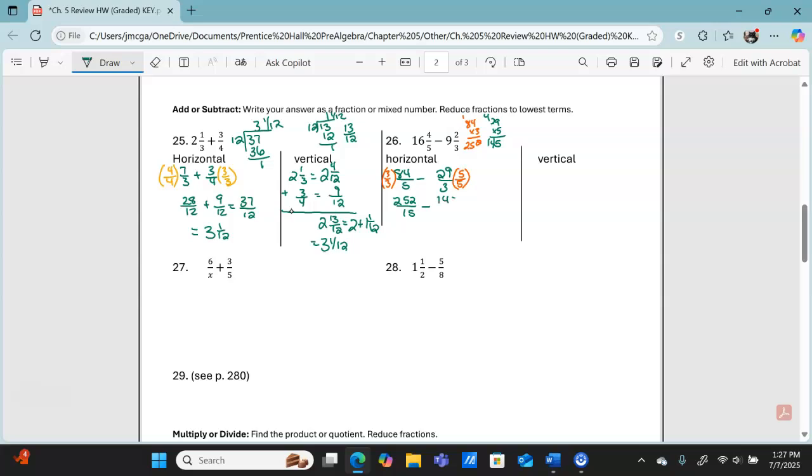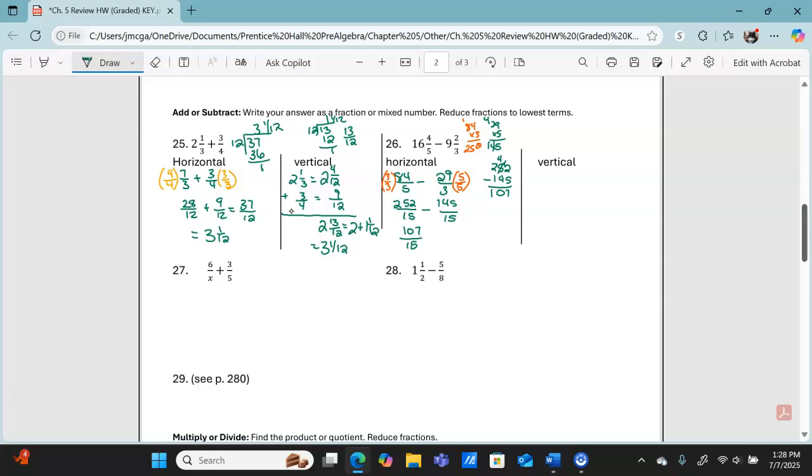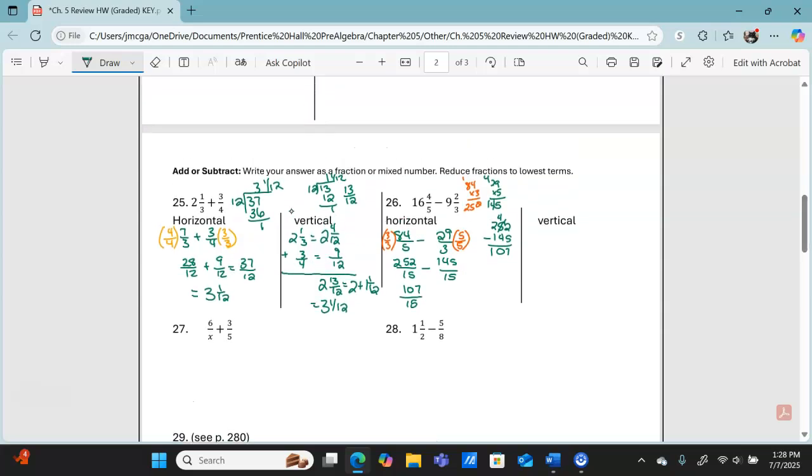So 145 over 15. So 252 minus 145. That's 107. So we get 107 over 15. And then you may have to go somewhere else to do your division.